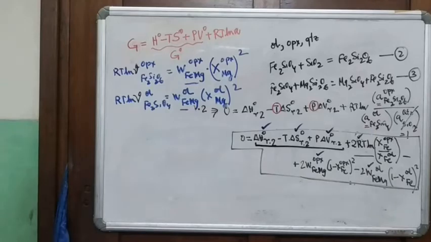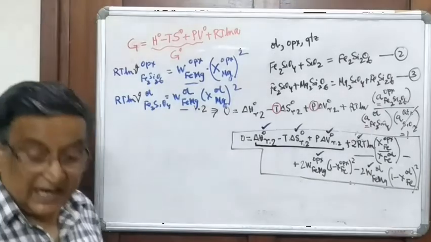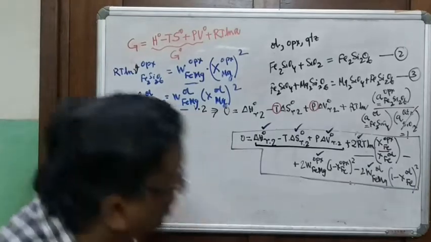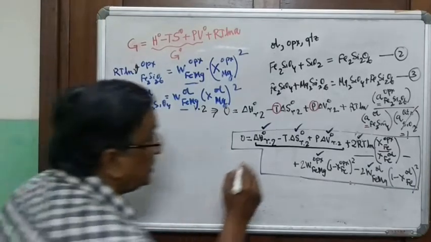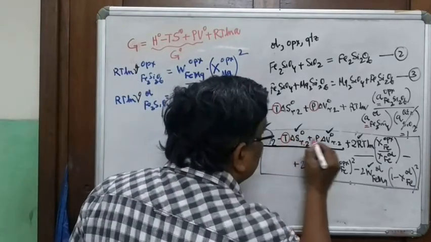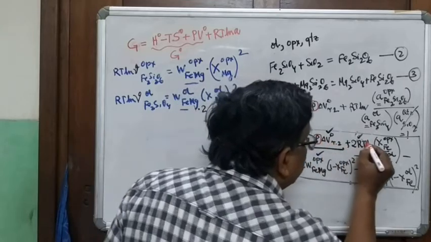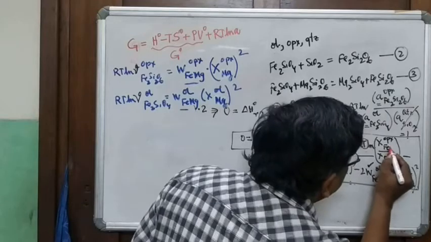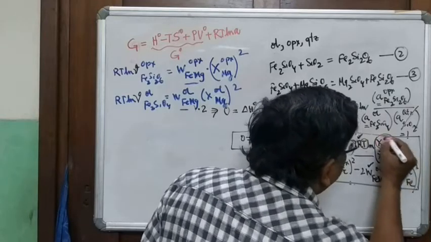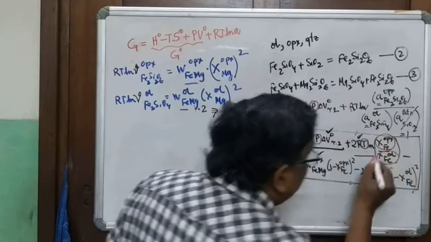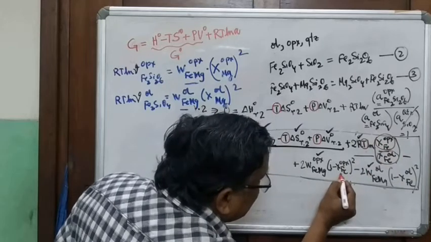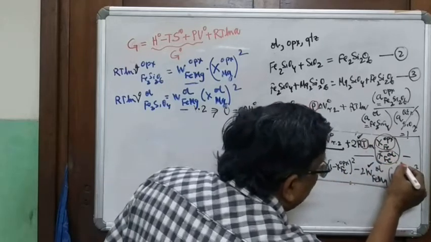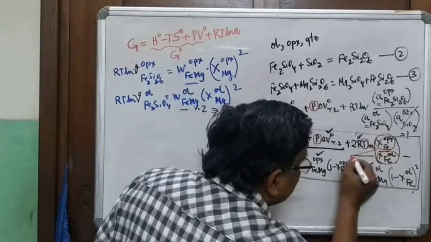So these terms are known. What are the unknowns? Temperature, pressure, temperature again. And you can see XFe opx, XFe olivine. The same XFe opx comes here. The same XFe olivine goes here. Do you see that?